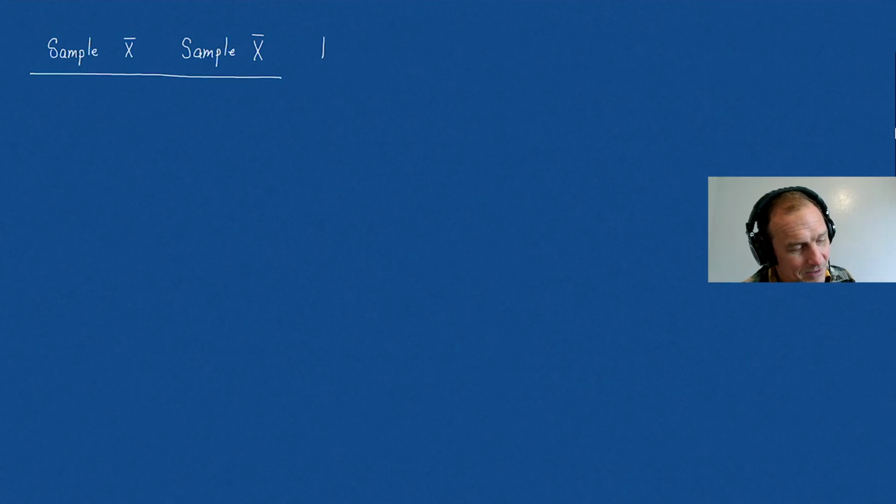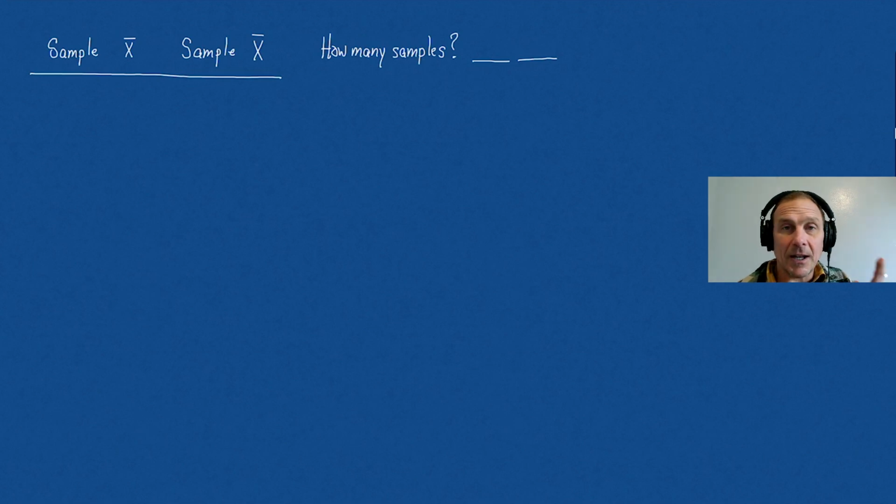Here's a little, I'm going to go over here. How many samples will I have? Just to make sure we get them all or don't get too many. Well, think about this. We're going to take samples of size 2. So each sample is going to have 2 characters in it. In the first spot, I could put a 1, a 3, a 5, or a 7.